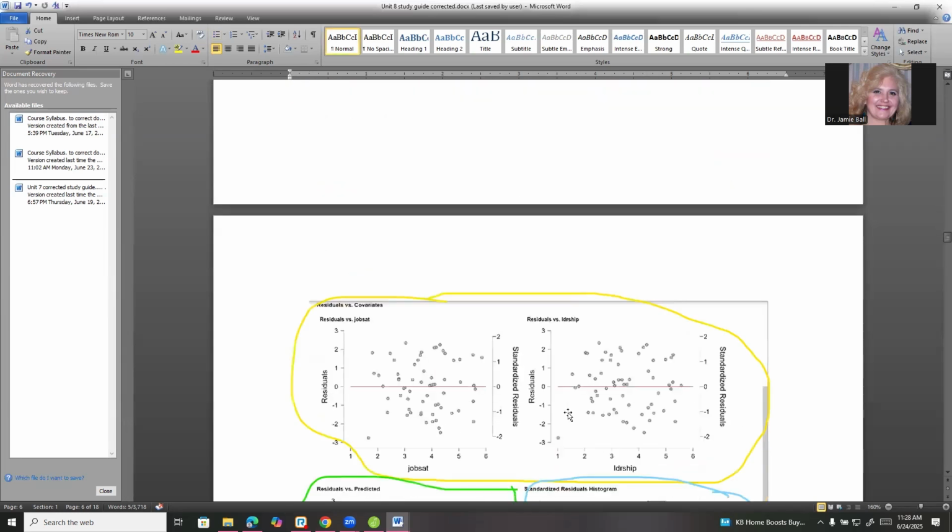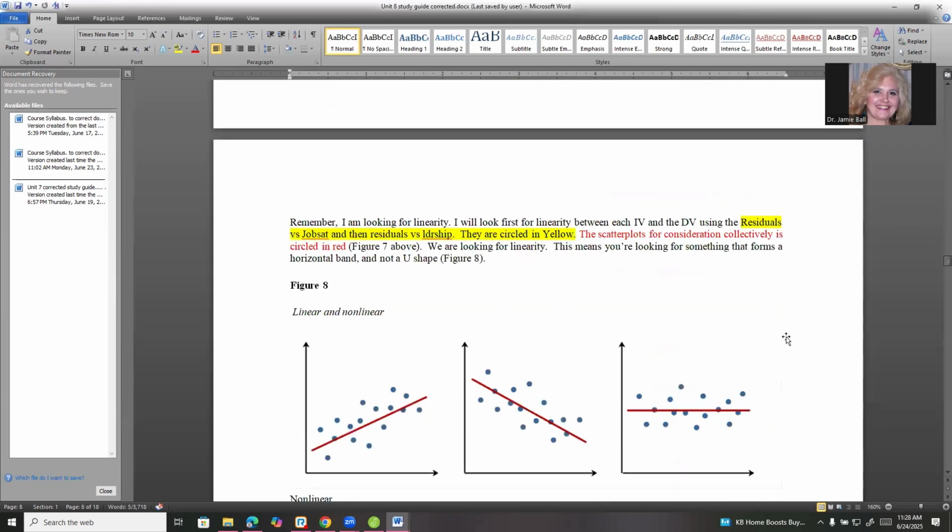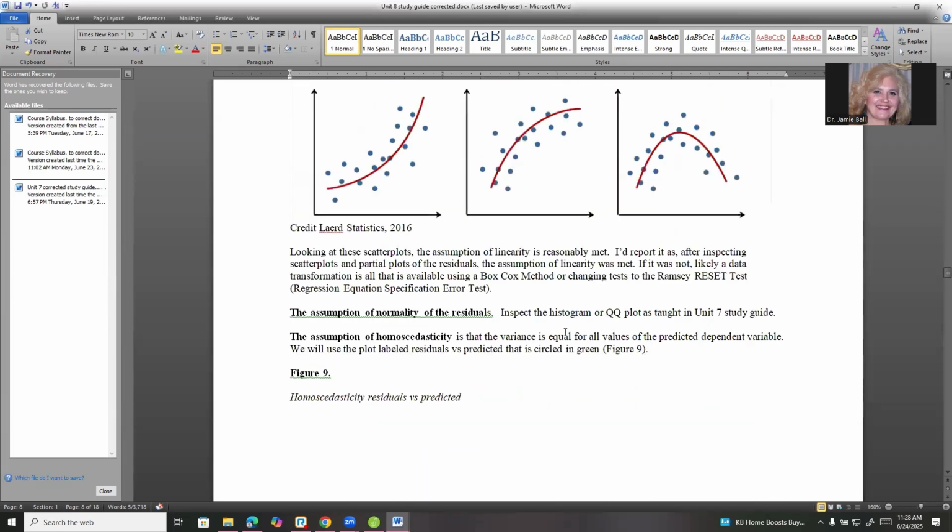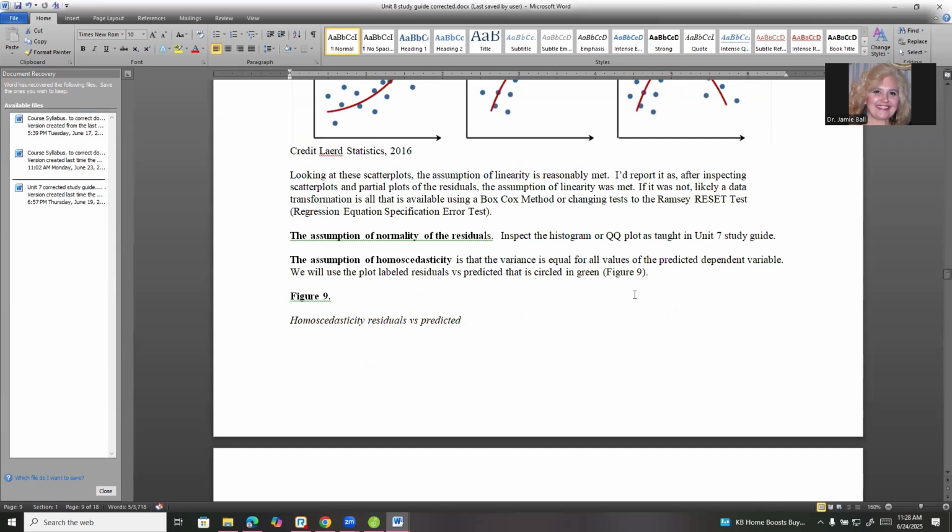If linearity is violated, okay, I might consider a data transformation like a Box-Cox method, or I might change tests to the Ramsey RESET test, aka regression equation specification error test.